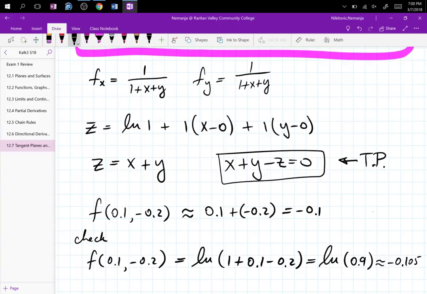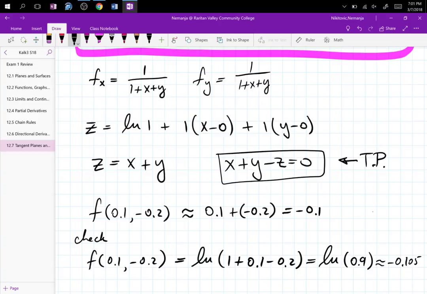Now, everything you see written on this current page, screen, whatever you want to call it, is actually to replace the last line, because, as I said, if we don't have the calculator, what is really ln of 0.9? You don't get to compute that to be negative 0.105 without the calculator. So the entire procedure up there is the procedure for when calculators don't exist, or even if they do, you don't have the batteries, and so on.